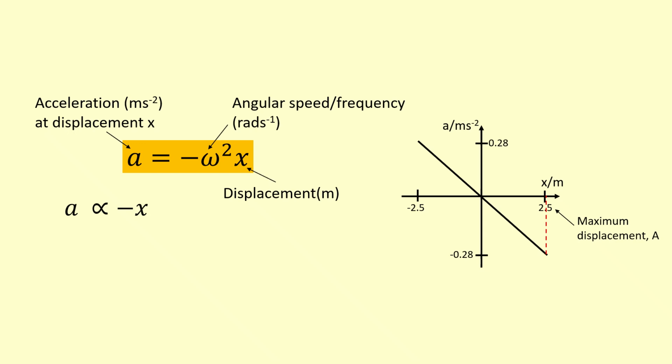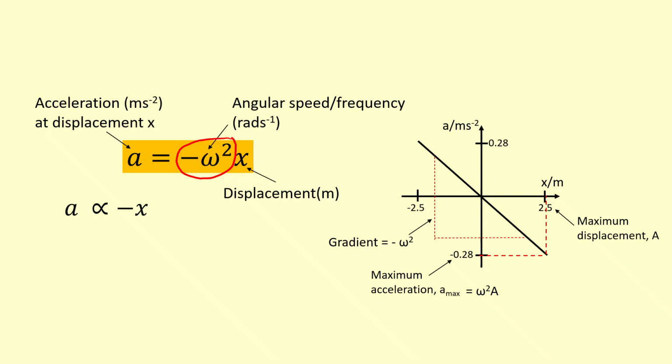So in this case, the maximum acceleration is plus or minus 0.28 meters per second squared, and that's also equal to omega squared A. Another feature of this is because we plotted a on the y-axis and x on the x-axis, the number that's multiplying x at the front is going to be the gradient of the graph.